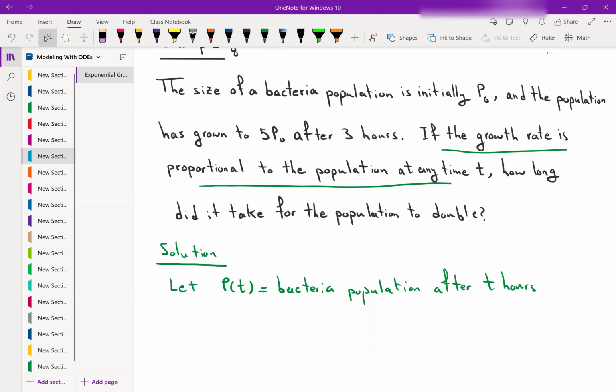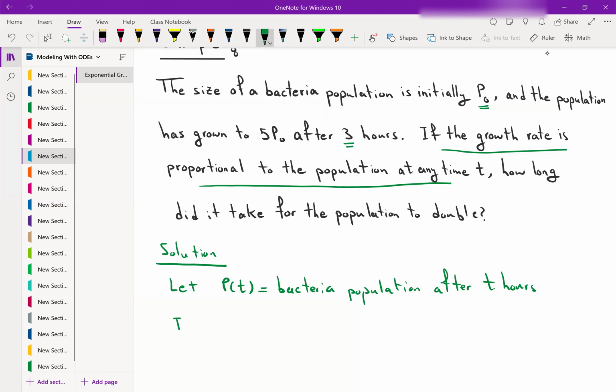What is given to us in the statement of the problem is that at t equals 0, P of t is equal to P naught. P naught is some given number. And at t equals 3, P of t is equal to 5 P naught.